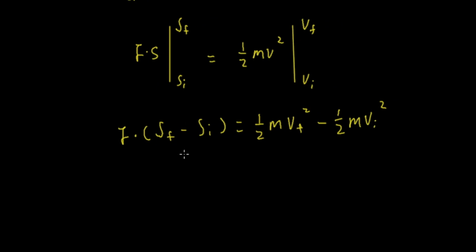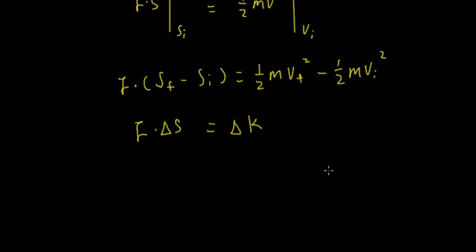In the bracket, it's change in displacement, right? So we can write that as f times change in displacement equals, what's this? Change in kinetic energy, right? So delta K. Now notice that this is equal to work done in physics. So we can write that as W equals change in kinetic energy.